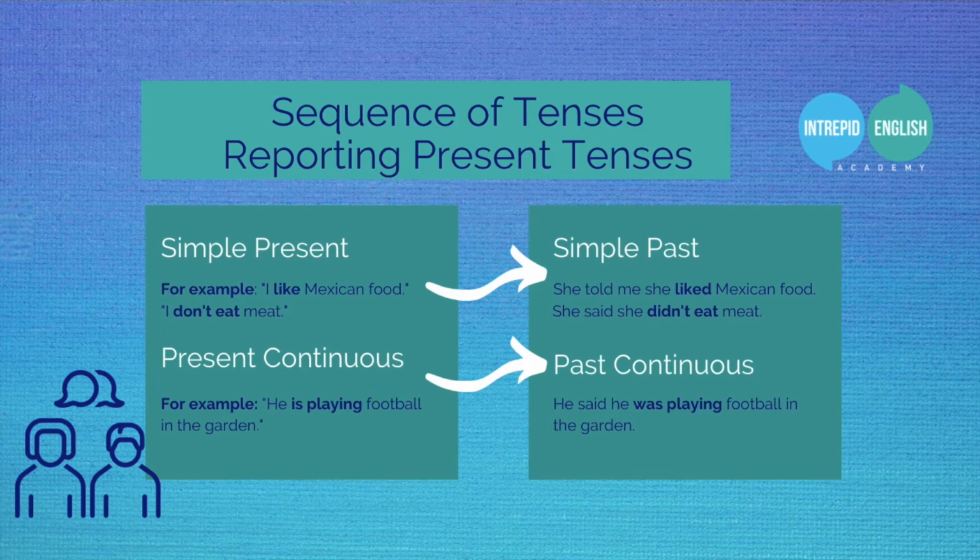I'll explain it to you now, but just for clarity, I won't explore that part further today. If the direct speech said, I like Mexican food, and the person speaking is there and still likes Mexican food, you could say, she told me she likes Mexican food.